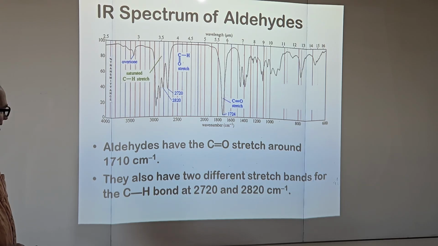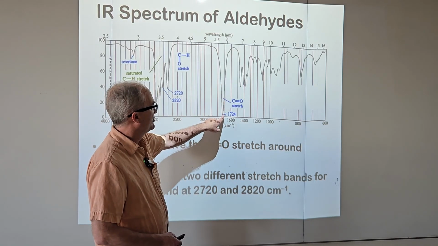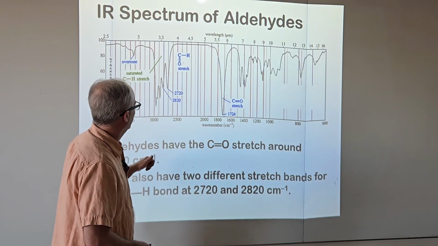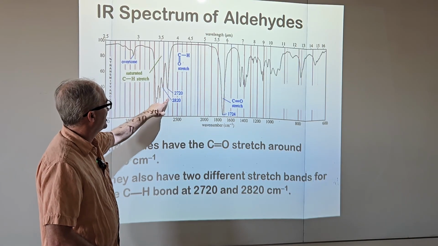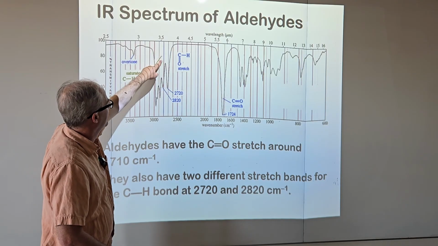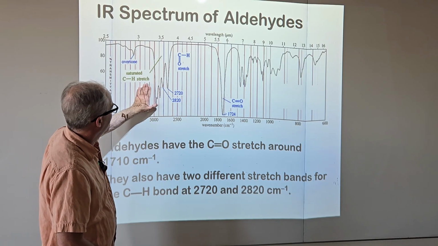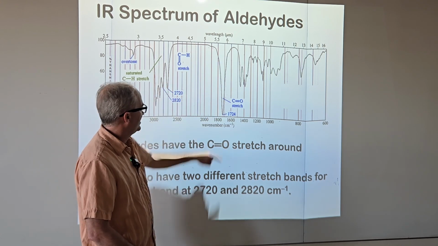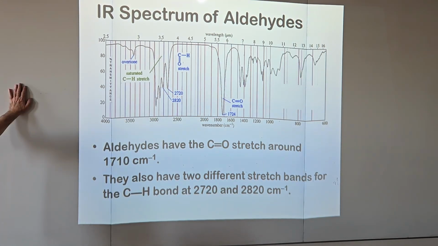So here's an aldehyde. Here's our carbonyl carbon, pretty close to 1710. Looks like it's this way just a little bit. But here's this stretch that's pretty close to our standard business here. It's really hard to see, but when you see this little feature here, this tells you aldehyde.